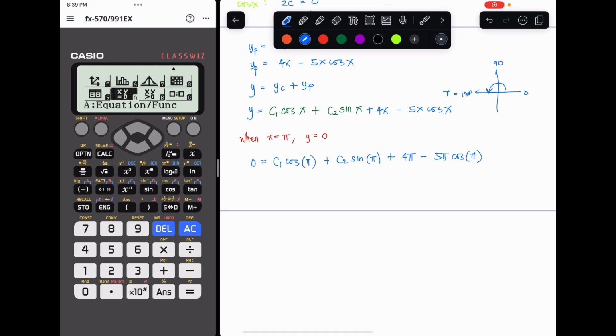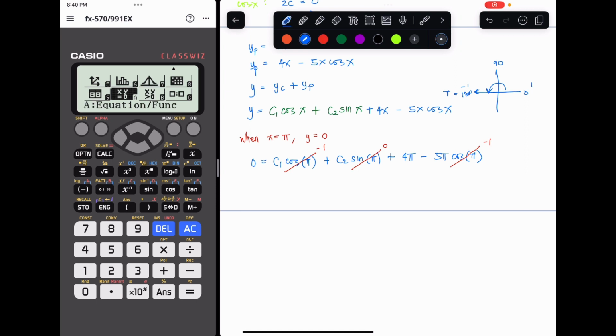At 0 degrees, the value there will be 1. Or you can use the calculator. So cosine pi is negative 1, sine pi is 0, and cosine pi is negative 1.